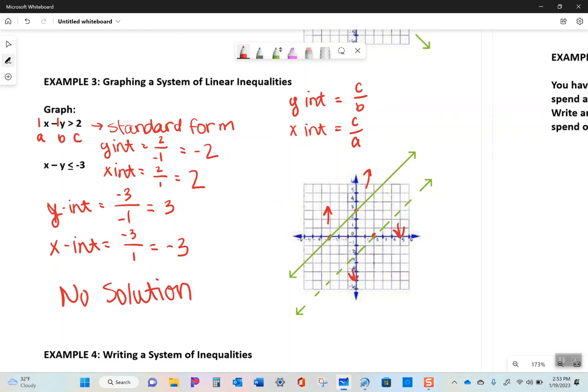Okay. What if, and you guys don't have to write this down, but what if instead of our solid line being shaded up and above the solid line, we were shading below? Where would our solution set be then? Are we going to end up having overlap at some point?